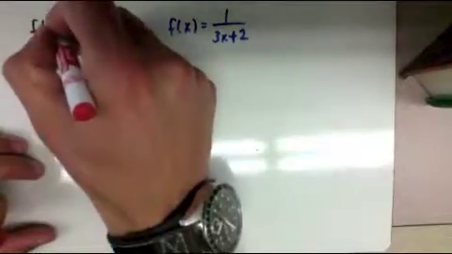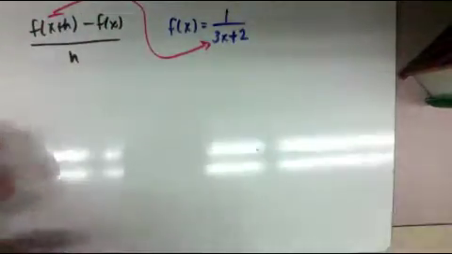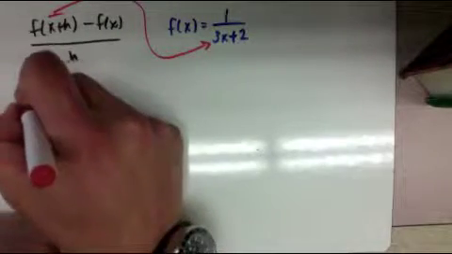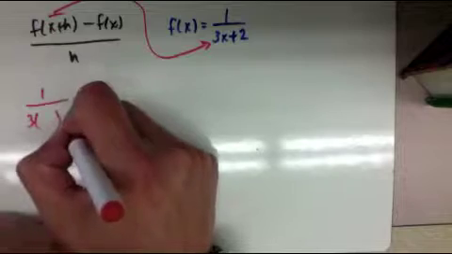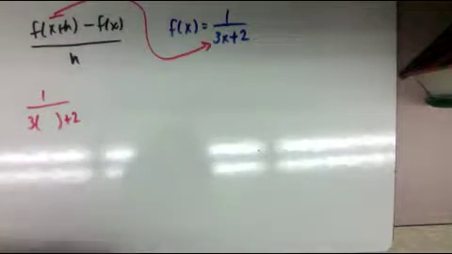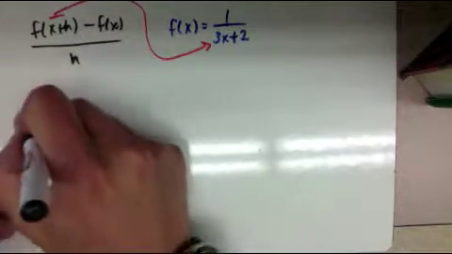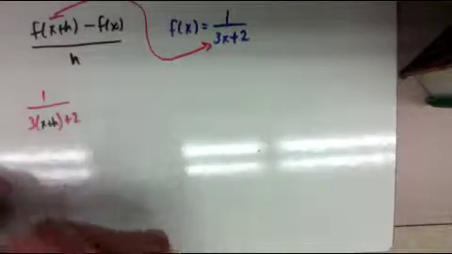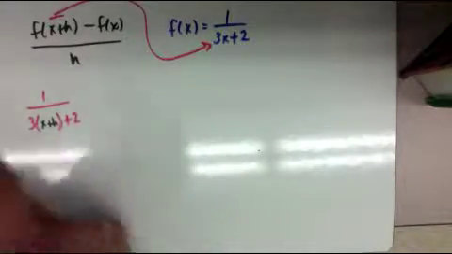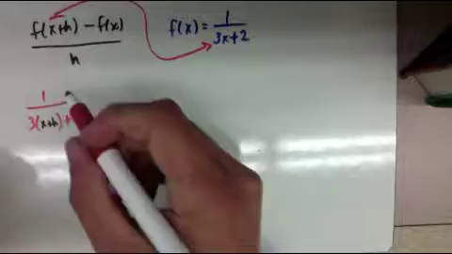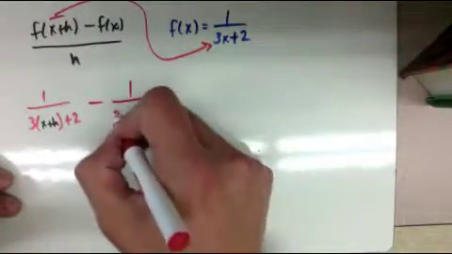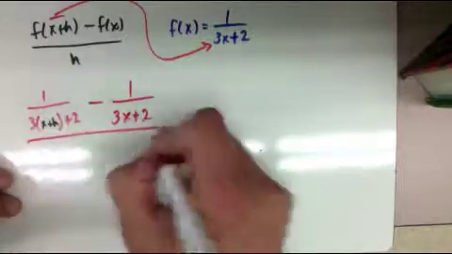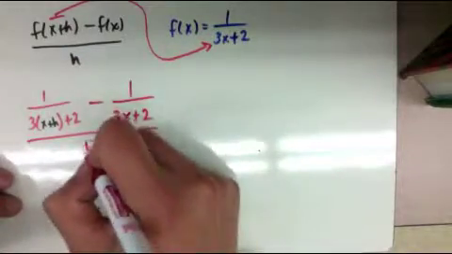Essentially this x plus h is going to go inside, so let me start over here. 1 over 3, instead of x, I'm going to have x plus h, minus, let me get a different color, the original function. What's the original function? 1 over 3x plus 2 divided by, because we have this guy, divided by h.